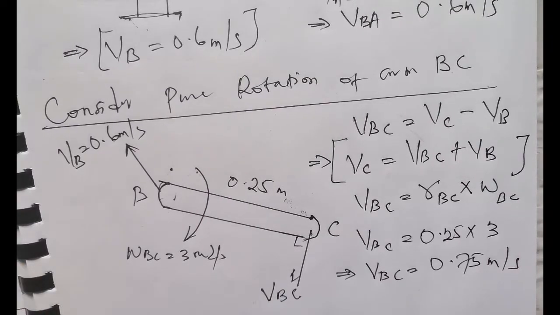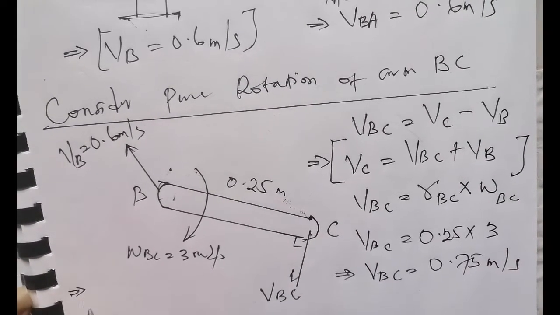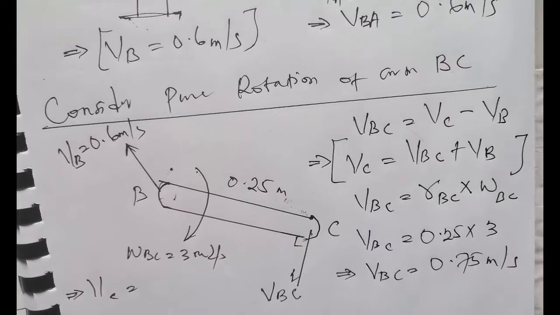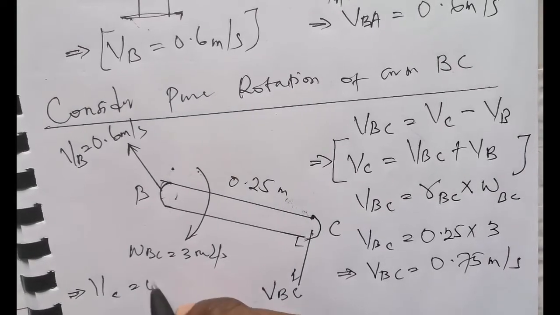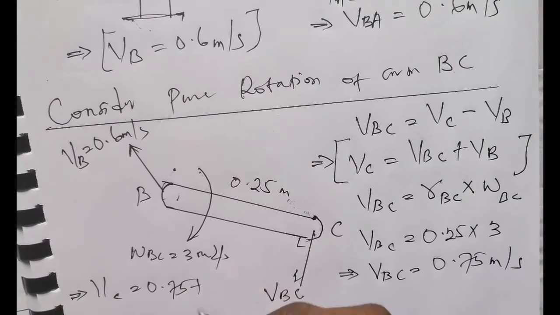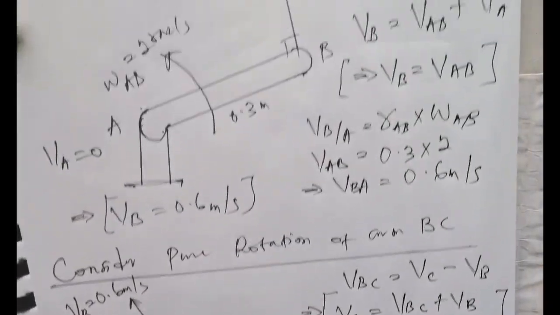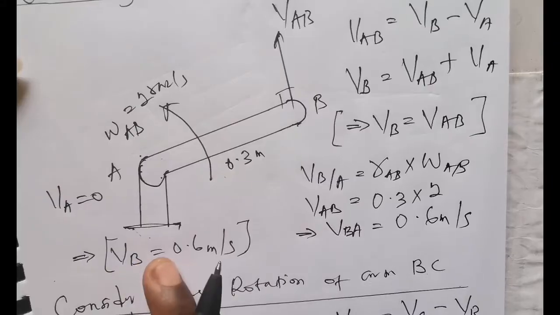at point C. Alright, so this simply implies that velocity at C is equal to, remember, VBC plus VB. VBC gave us 0.75, so we have 0.75 plus, earlier we solved for VB and we obtained velocity at B to be equal to 0.6.